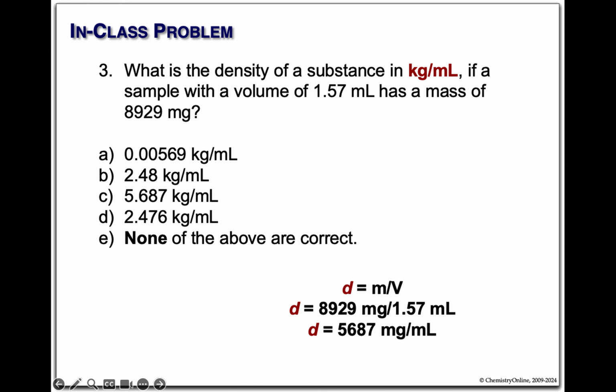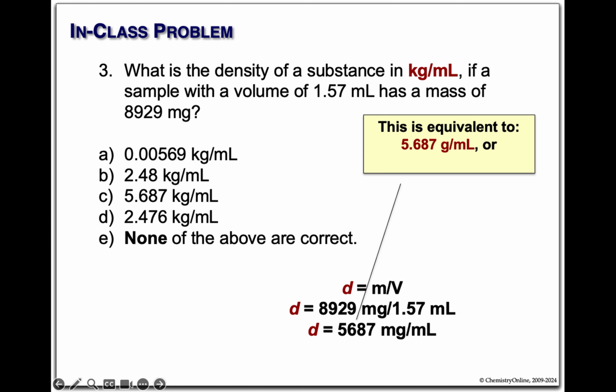It's 5.6 grams. There are 1,000 grams in a kilogram. Kilo is 10 to the third. So how many kilograms is this? 0.0569. Just divide by 1,000. Divide by 1,000 twice, and that's your answer.